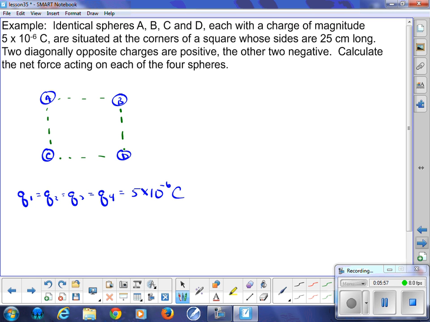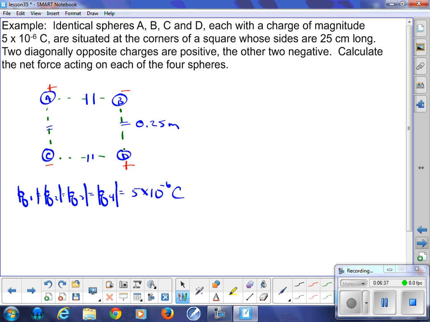Sides are 25 centimeters in length, so I'm going to convert that to 0.25 meters. Two diagonally opposite charges are positive. Whoops, so they're not all the same charge. The opposites are positive and negative. It doesn't really matter if you're to do this question, I'm going to say that these two are positive, making B and C negative charges. And down below here, to make this statement true, because I don't want to erase it, I'll put the magnitude symbols in. So the magnitudes are all the same.